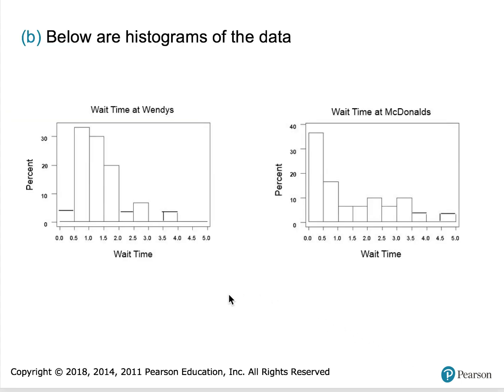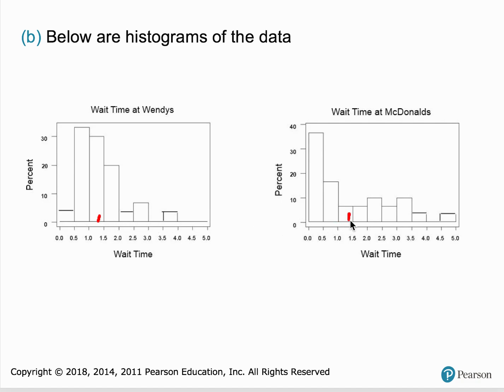But let's look at the histograms of the data, right? Here's wait time, and we said the mean is 1.4. So basically, the mean is right here. Notice most of the values at Wendy's, or at least way more of them, are pretty close to this mean.